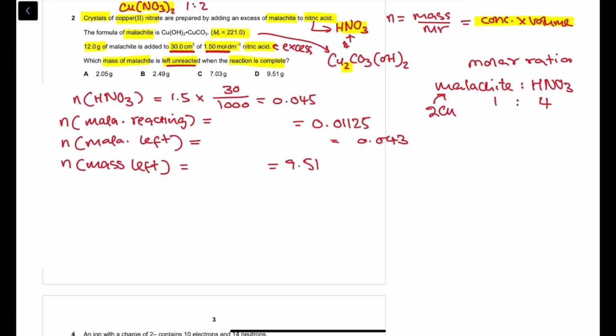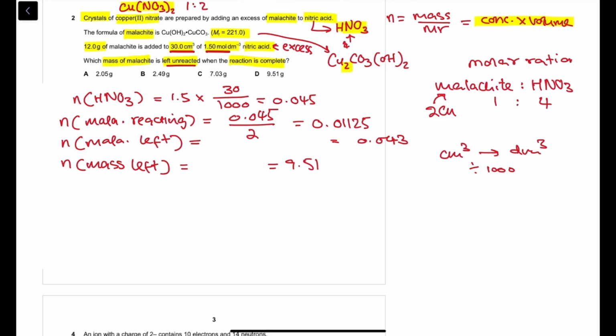To go from cm³ to dm³, you must divide by 1,000, and we end up with 0.045 moles. Now, the number of moles of malachite reacting is going to be 4 times smaller than the number of moles of nitric acid reacting.